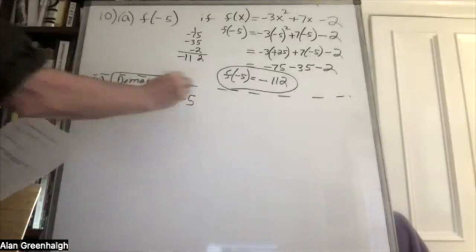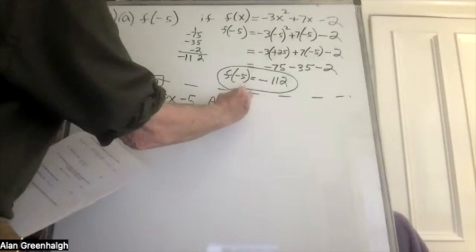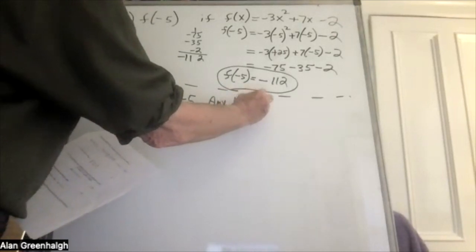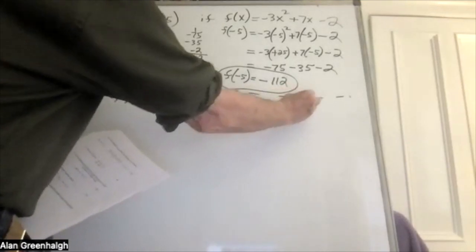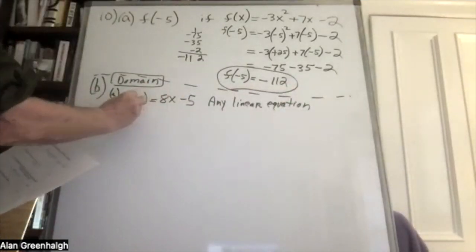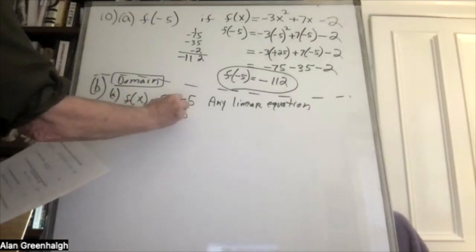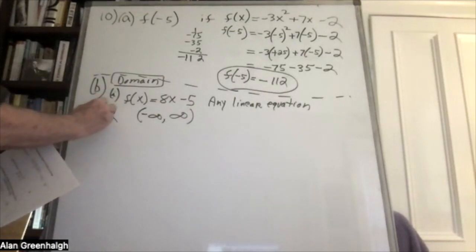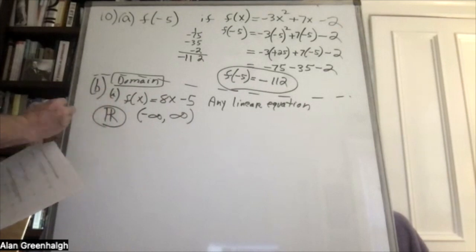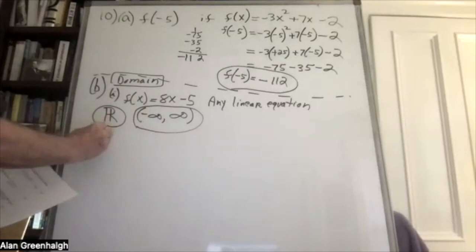The domain for any linear equation, well, there are a couple of exceptions, but as far as you're concerned, will always have the same answer. It's all real numbers. I said this on Monday, all real numbers. You can either write it like that, or you could use this symbol.